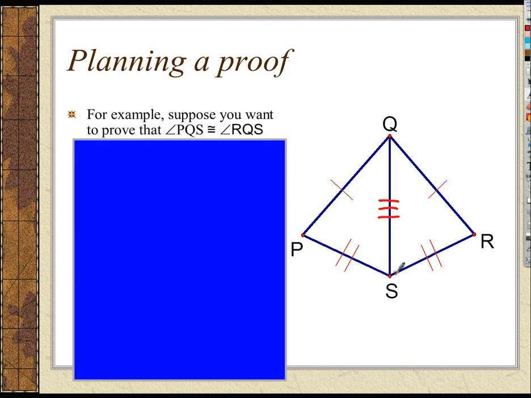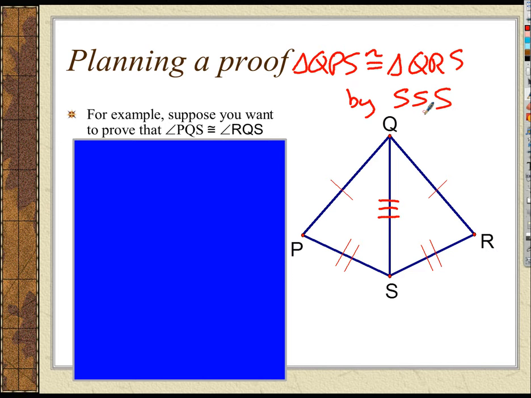So let's write that. Triangle QPS is congruent to triangle QRS by side, side, side. And so then, if I want to show that angle PQS is congruent to angle RQS, well, look at that.